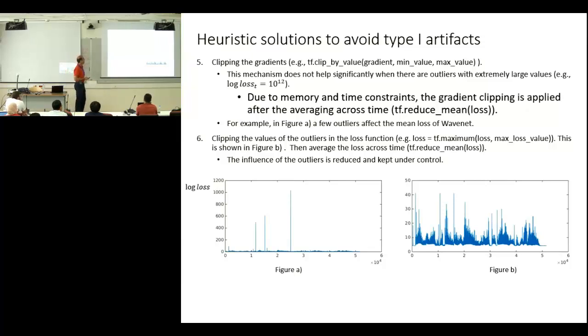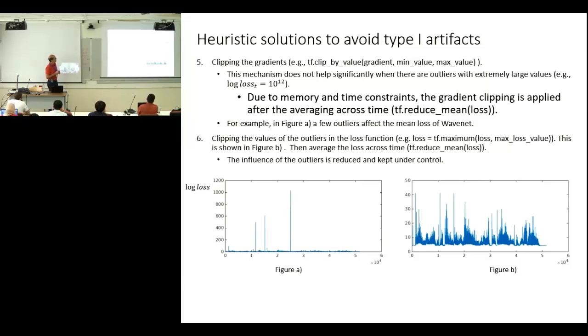Another idea which is usually used in the literature and in the code which is publicly available is to clip the derivative values. For example, if the derivative value is huge, by clipping the derivative value, you may avoid this unnecessary change of the weights when you do the backpropagation.